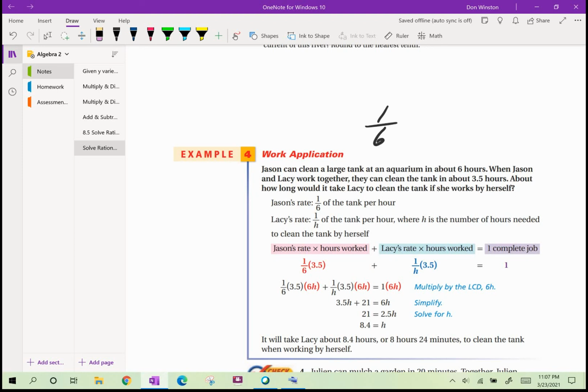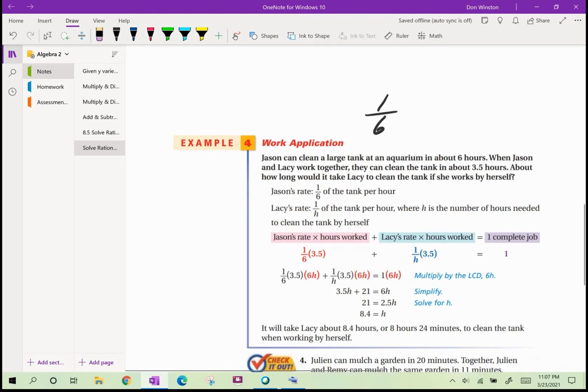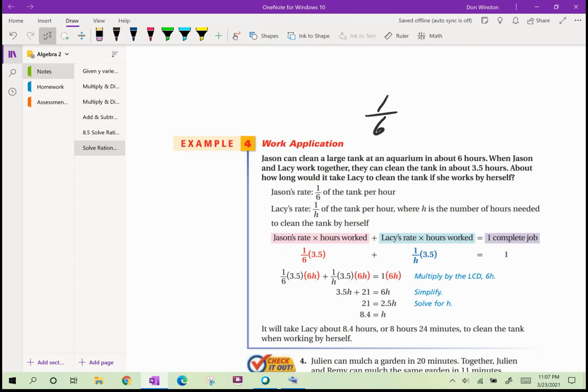So Jason's rate is 1/6 of a tank per hour, and Lacey's rate is what we don't know, so we say it's 1/H of the tank per hour, where H is the number of hours needed to clean the tank by herself. What we know is that Jason can clean the tank at 1/6 per hour, but working together, they clean the tank in 3.5 hours.